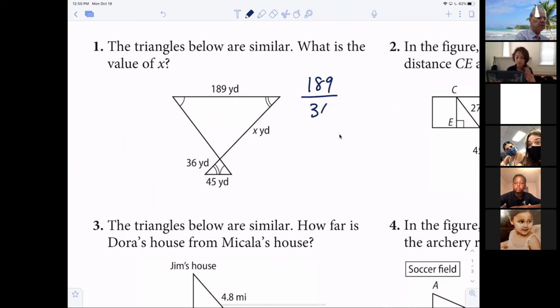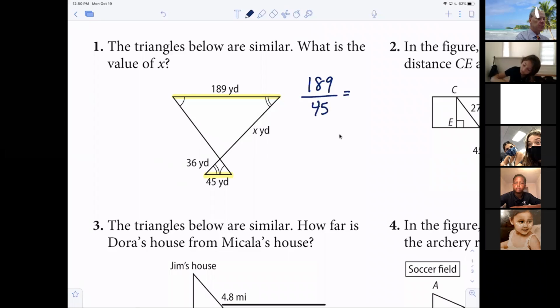Why 36? Yes, because again, this is called the base. Don't be sorry, you're learning. That's why I'm going slow today to make sure. So 189 over 45 is equal to what?